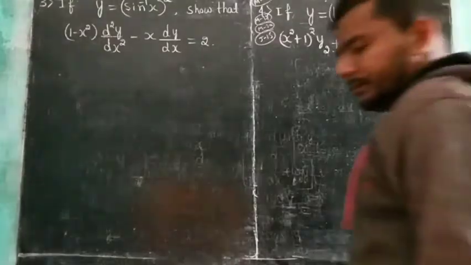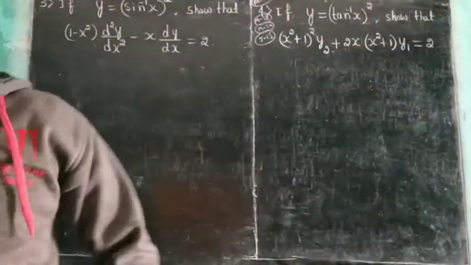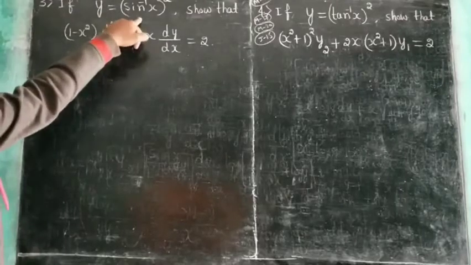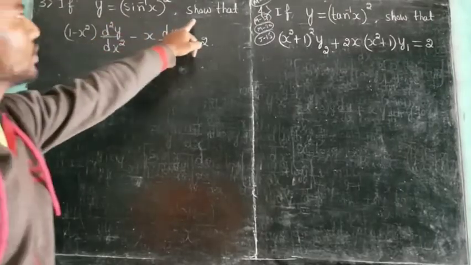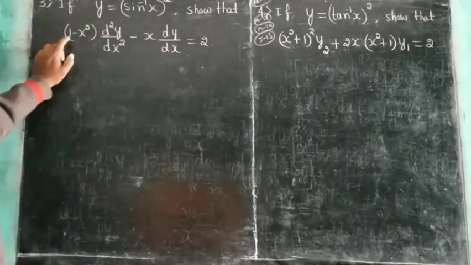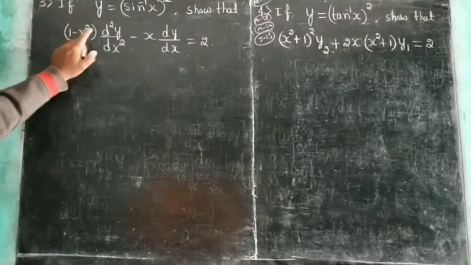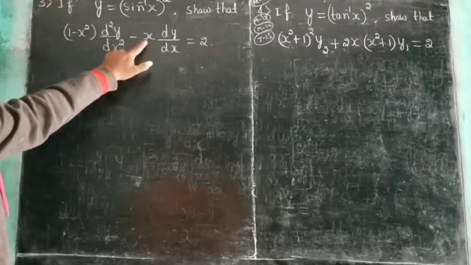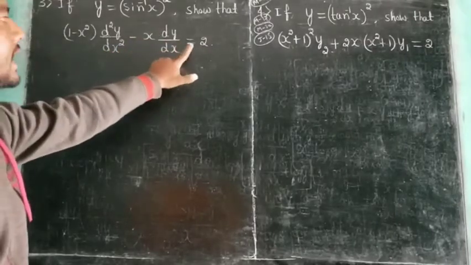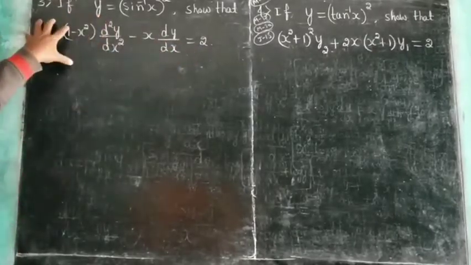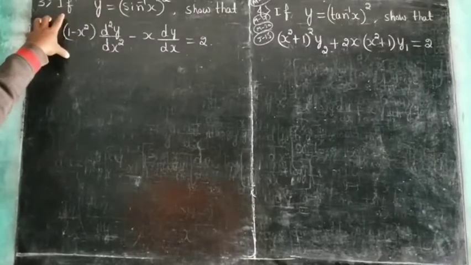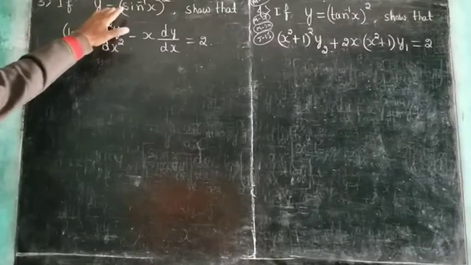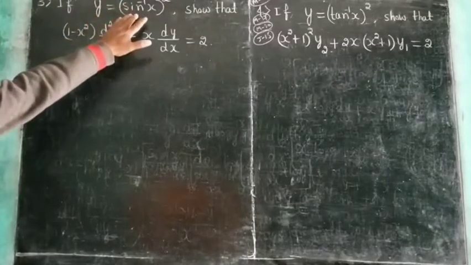Next problem number 3. If y is equal to sin inverse x whole square, show that 1 minus x square into d square y divided by dx square minus x into dy by dx is equal to 2. This problem is similar to the previous problem. In the previous problem we have y is equal to only sin inverse x.